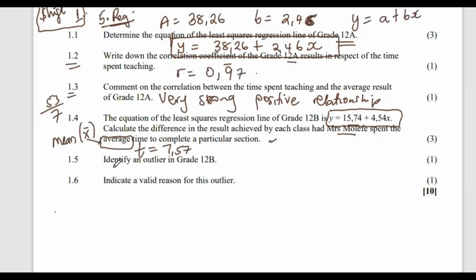So for 12A, if I use that line, I'll have my y as 38.26 plus 2.46 times the 7.57. That's giving me 56.88.